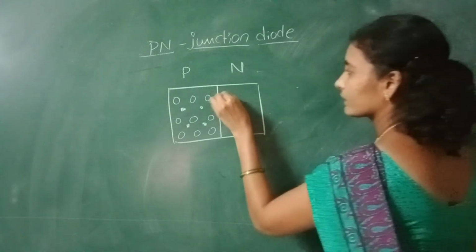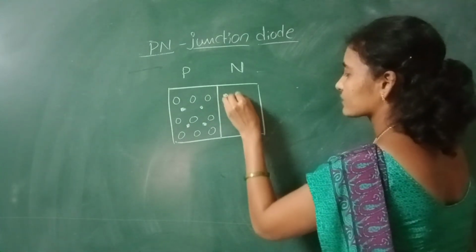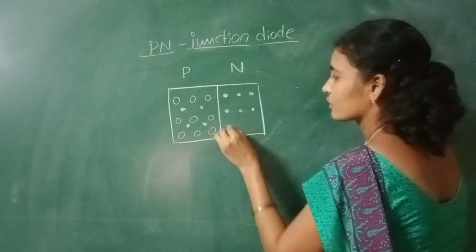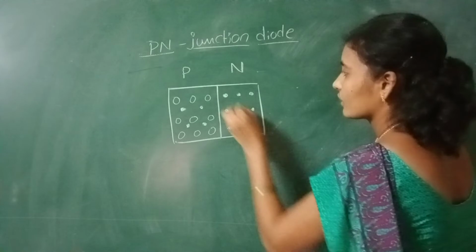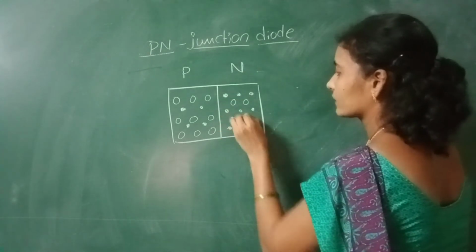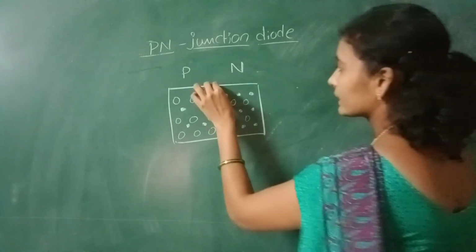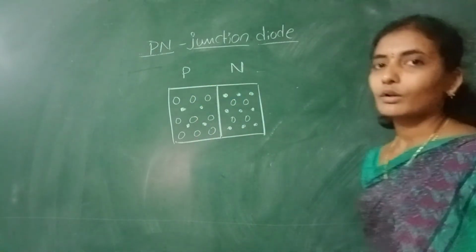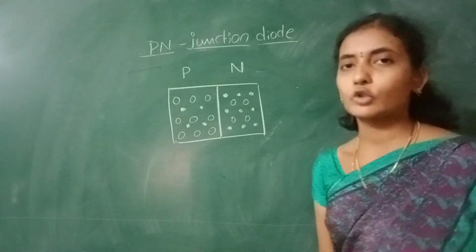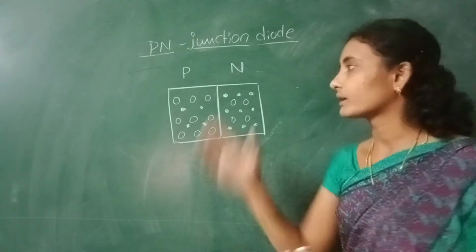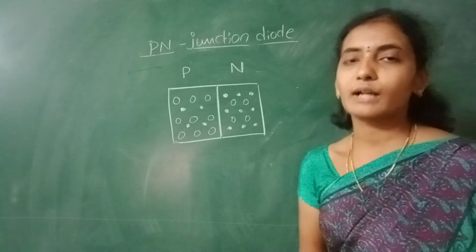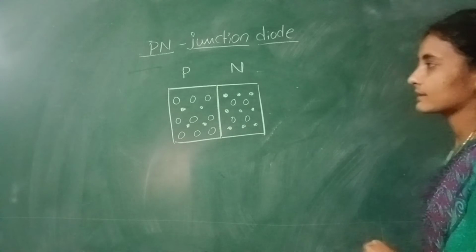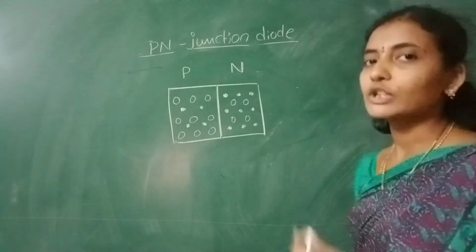Here, electrons are the majority and holes are the minority. In a PN junction diode, the electrons and holes are always ready to combine. Now we have to discuss the PN junction diode in two ways.